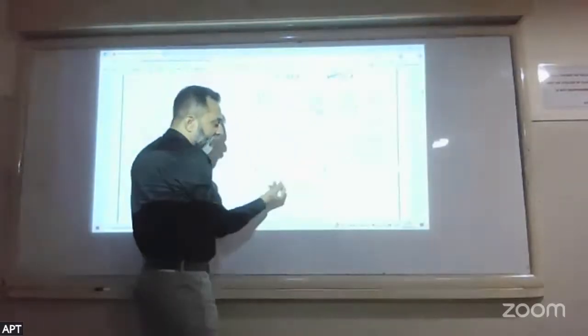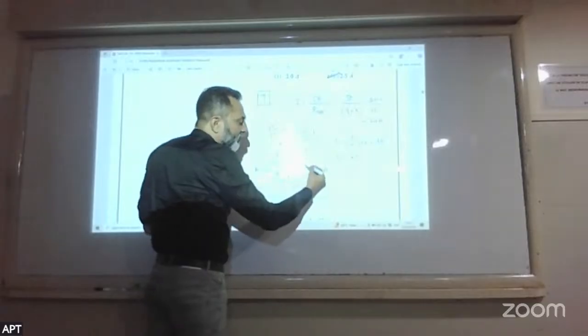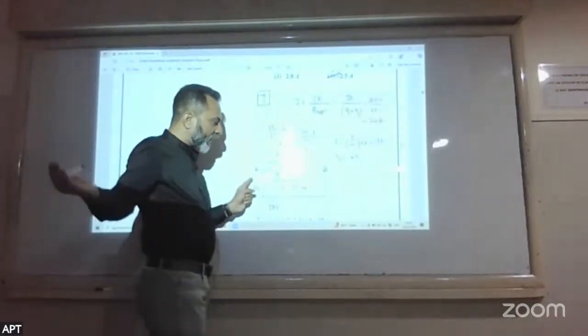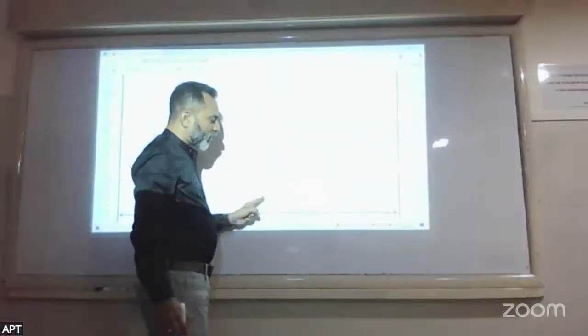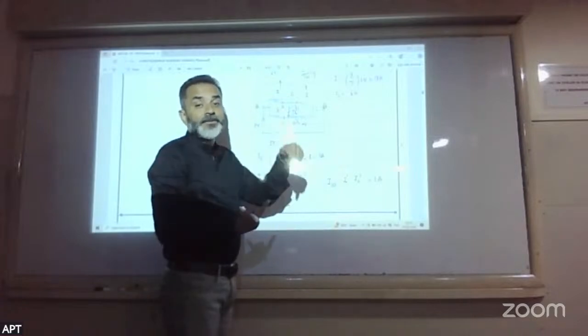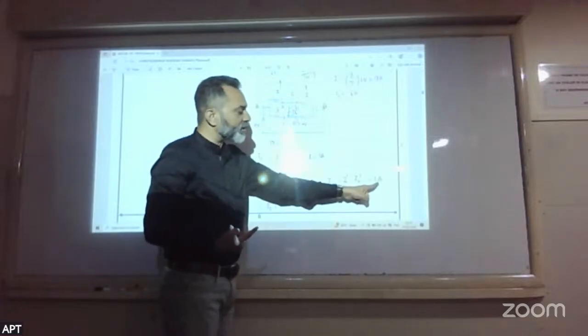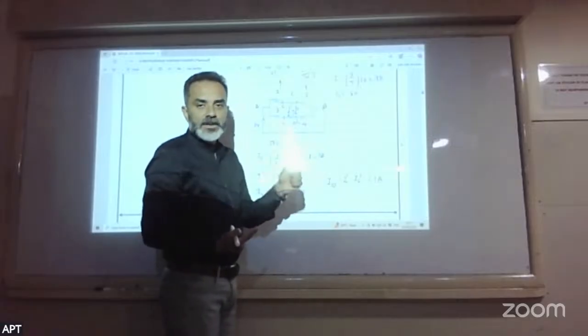Now some fraction of I1 will flow here and some fraction of I2 will flow here. Again I have applied the current divider rule over here and we got I3 and I4, and I got the answer as 6 and 4. Their difference should be my answer, which is flowing through the CD branch. That comes out to be what? 2 ampere, right? So the correct answer for this question should be 2.